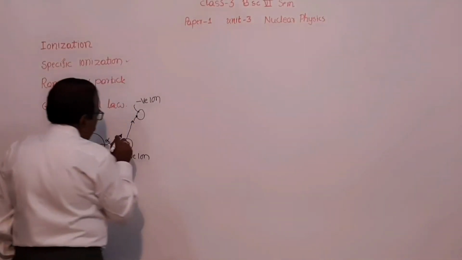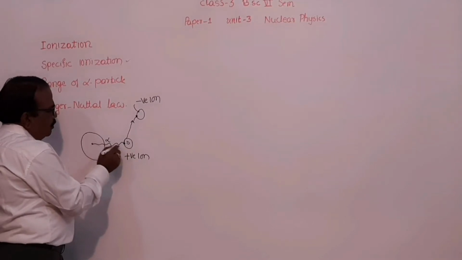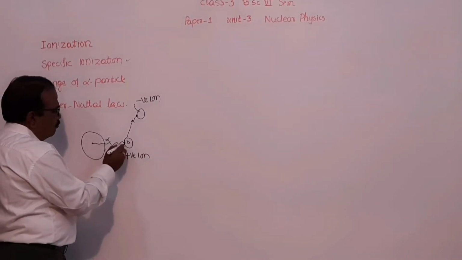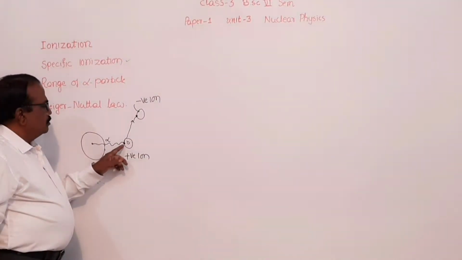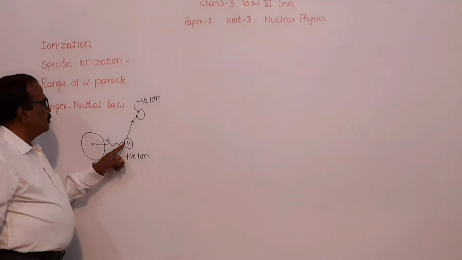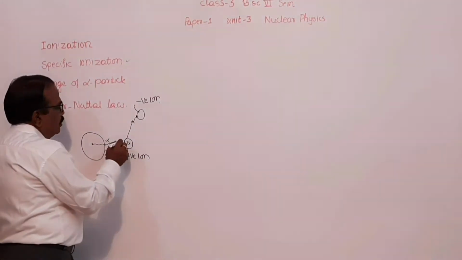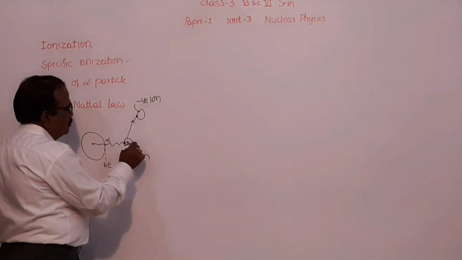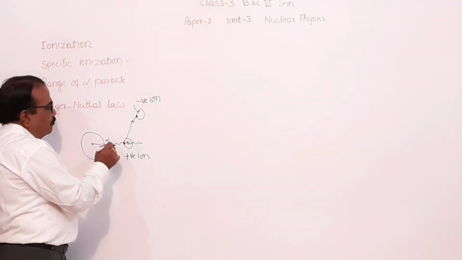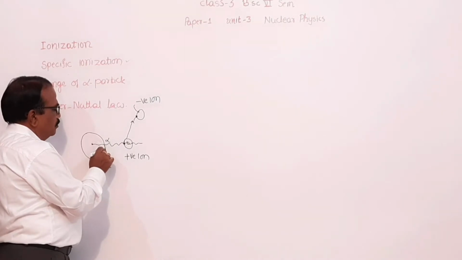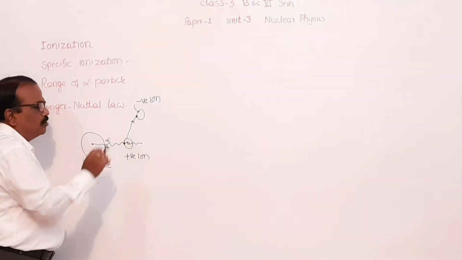So when an alpha particle hits an electron, it transfers a little bit of its energy to an individual electron. That individual electron takes that energy and moves. Then alpha particle proceeds in the same direction, but with less energy compared to the point at A, because it has given energy to an electron.